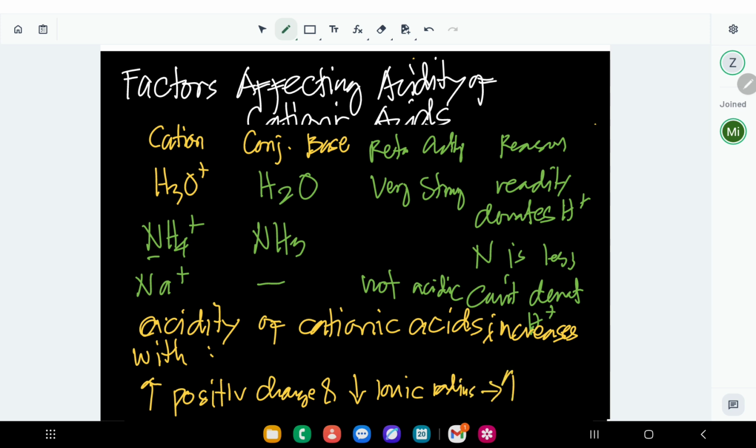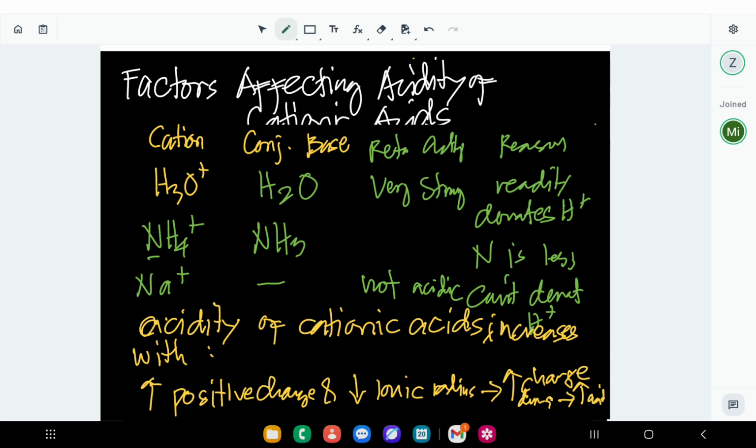then increasing charge density or larger charge density, meaning more acidic. Yeah, more positive, smaller radius, larger charge density, then more acidic.